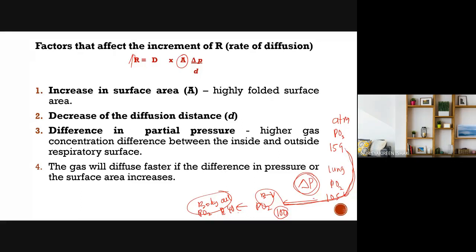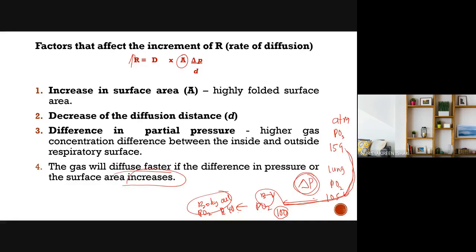So this makes sure the oxygen will always be supplied to your body cell. Okay, so the gas will diffuse faster if the difference in pressure or the surface area increase.